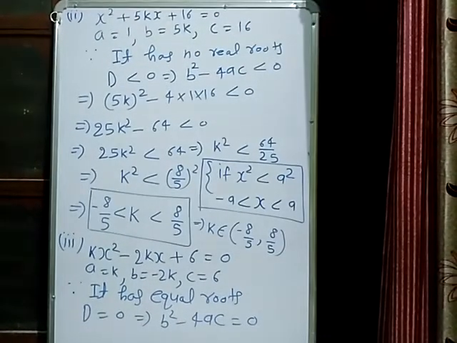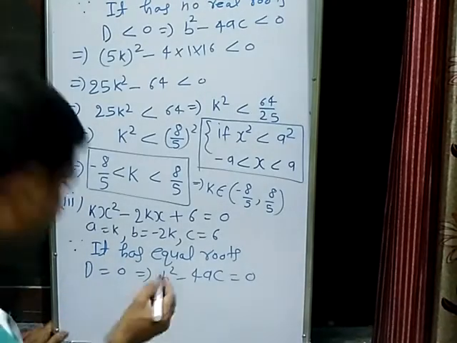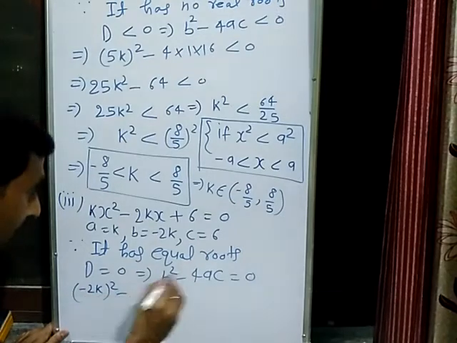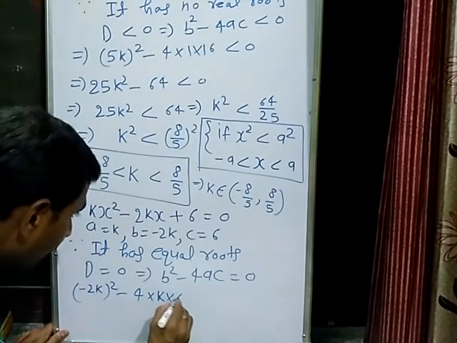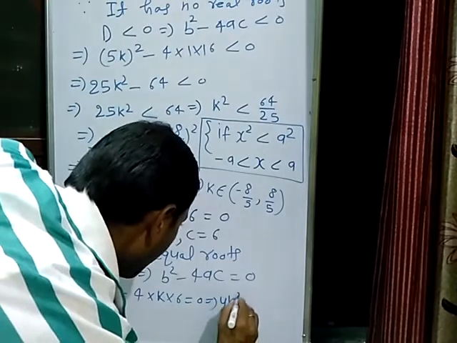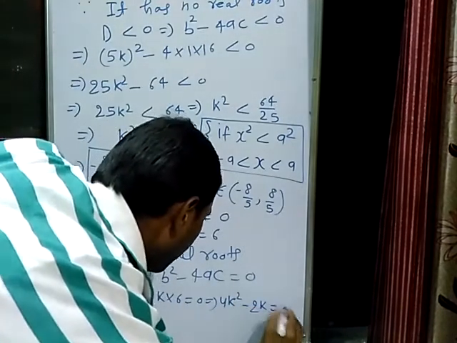And if it is equal to 0, so what is b? b is minus 2k, the whole square, minus 4, a is k, into c is 6, is equal to 0. This implies 4k square minus 24k should be equal to 0.